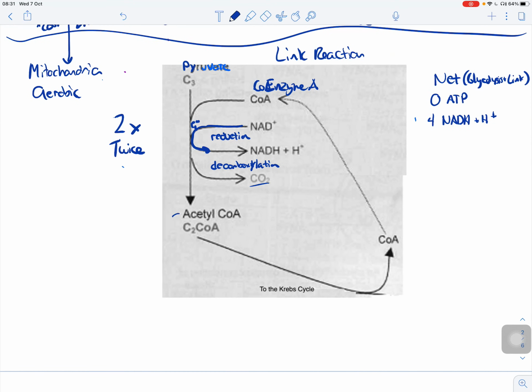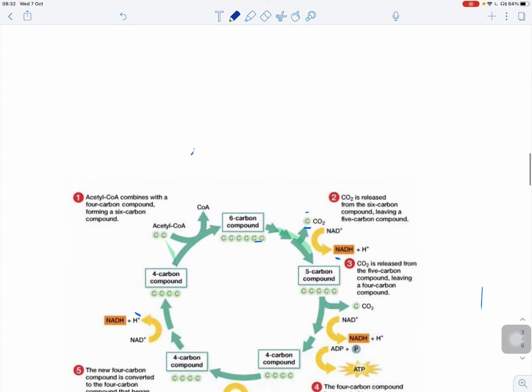Okay, then acetyl coenzyme A will drop that 2 carbon molecule into the Krebs cycle. And then coenzyme A is recycled, it goes and picks up another one. All right? Okay, so this happens in the mitochondria, this is in the matrix. Right?